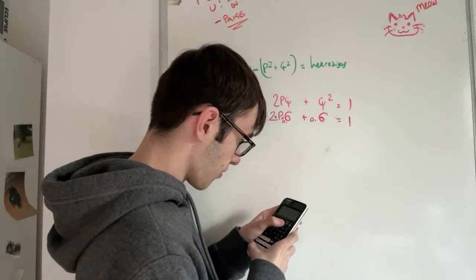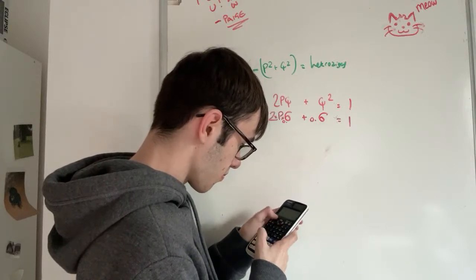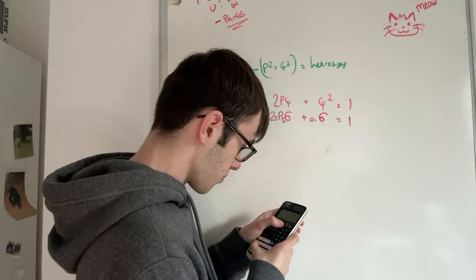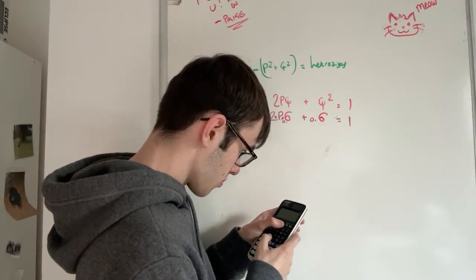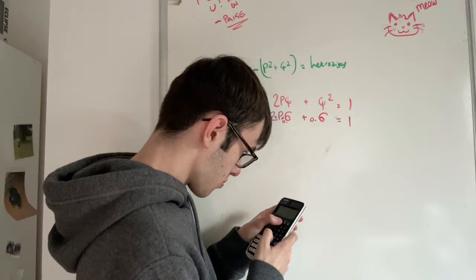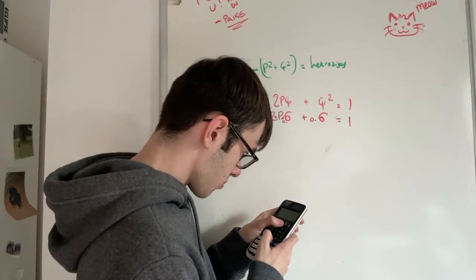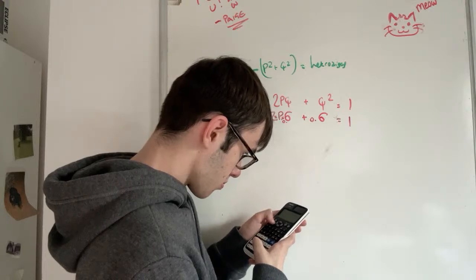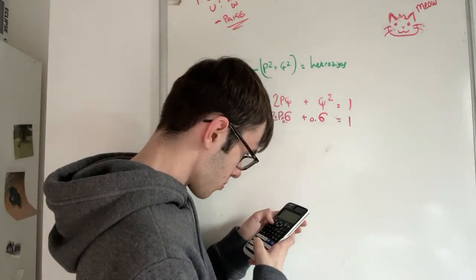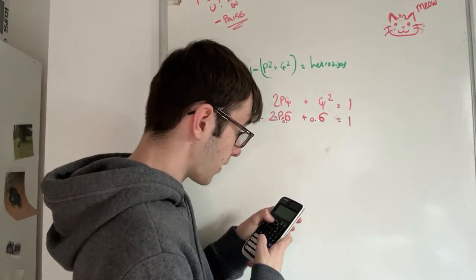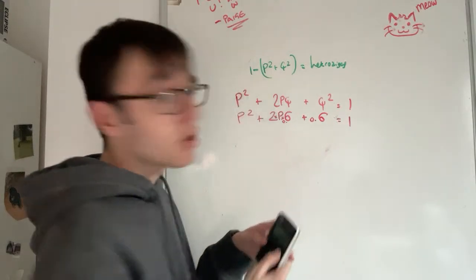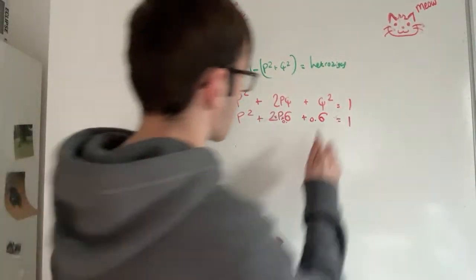Sorry, 0.06. Saying d is 0.91, that makes no sense. Hold on, but we have to be close.